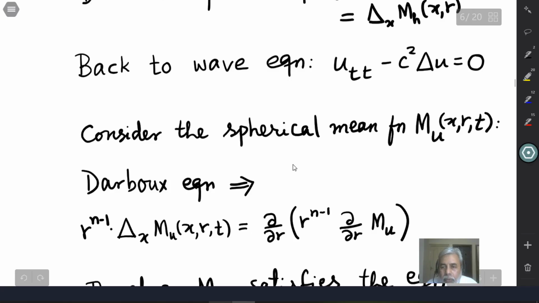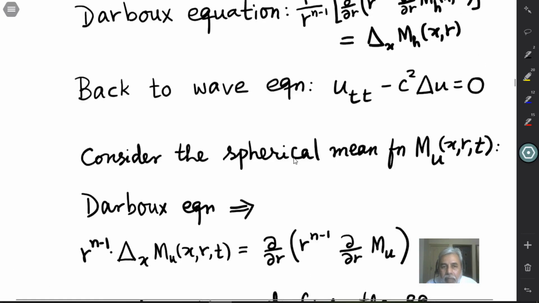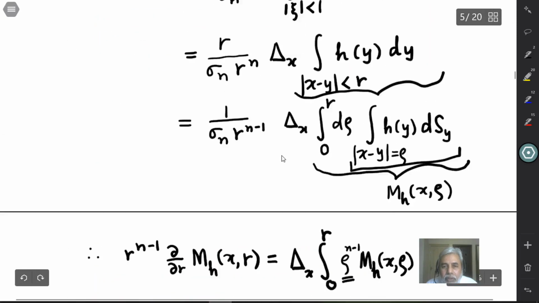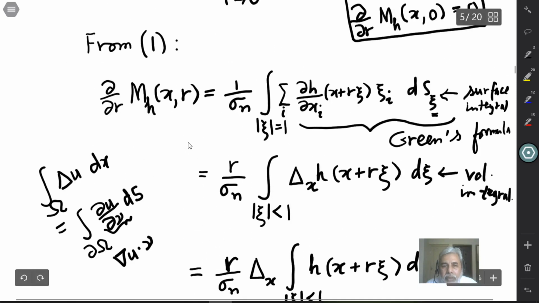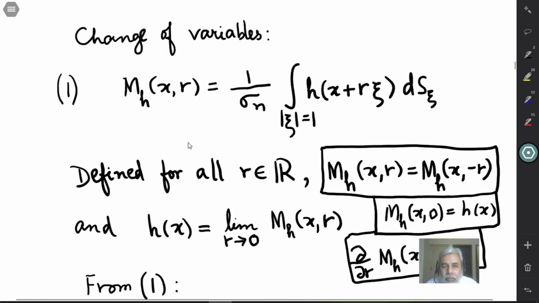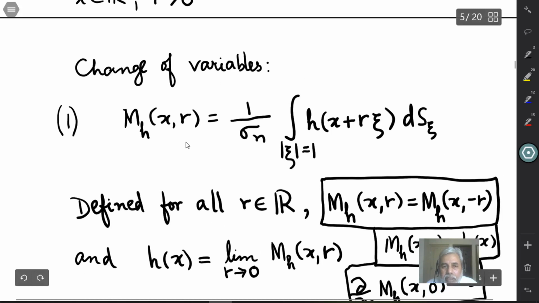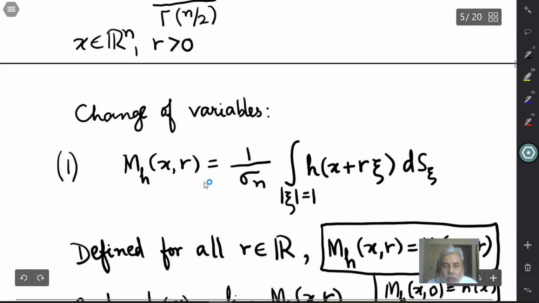So we'll continue the discussion of the spherical mean function. Again, I'll recall the definition of the spherical mean function, and this we have already seen in the discussion of Laplace and Poisson equations. So a very useful tool.